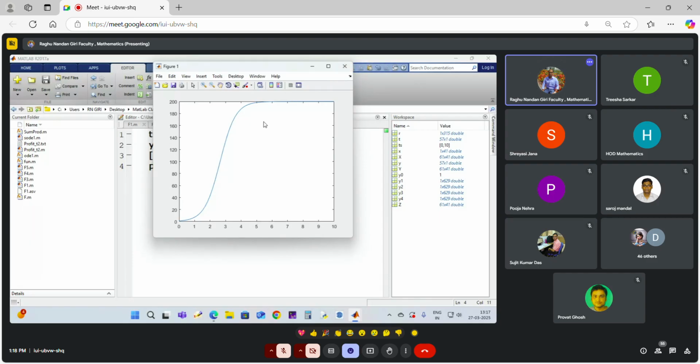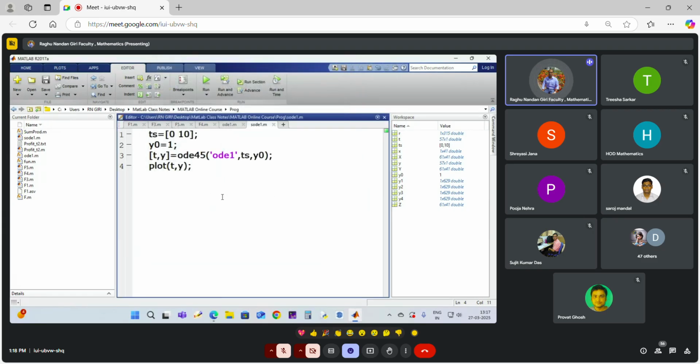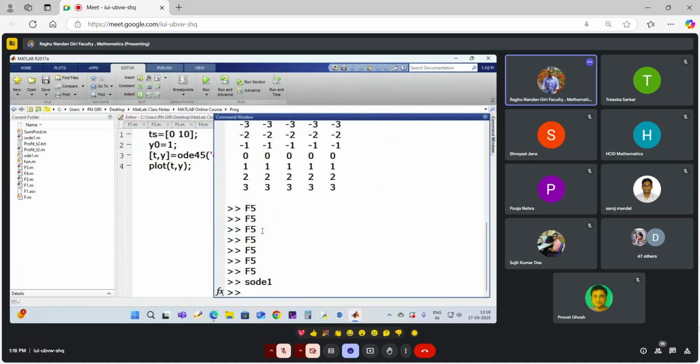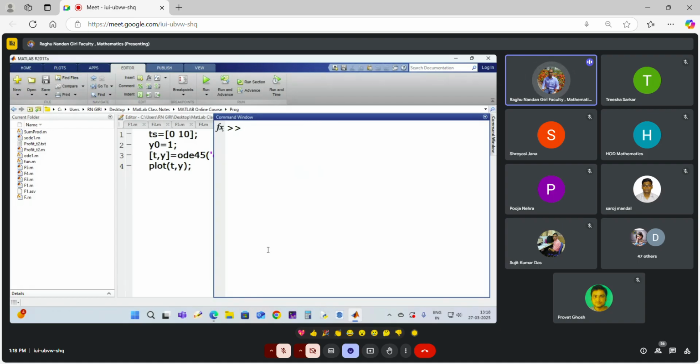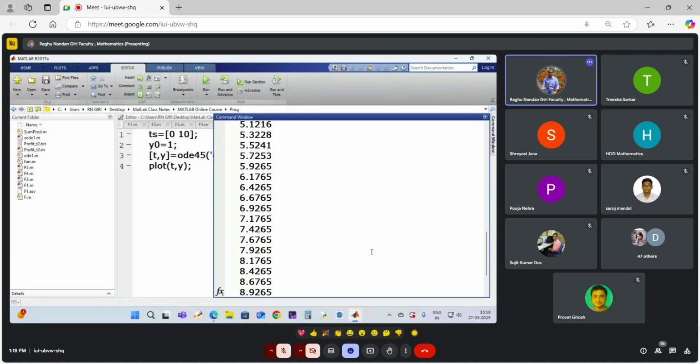Okay, see the graph. This is the solution graph of this first order ODE, with t horizontally and the y value vertically. If you want to see the values of y and t, see in the command window, the t values and the corresponding y values.